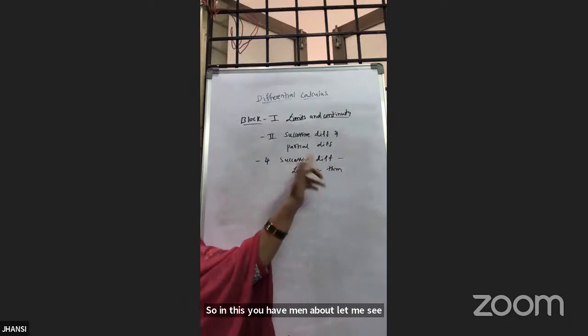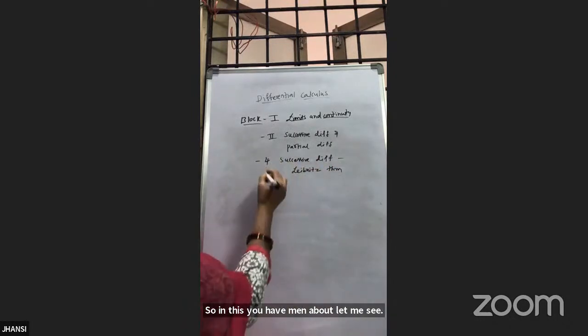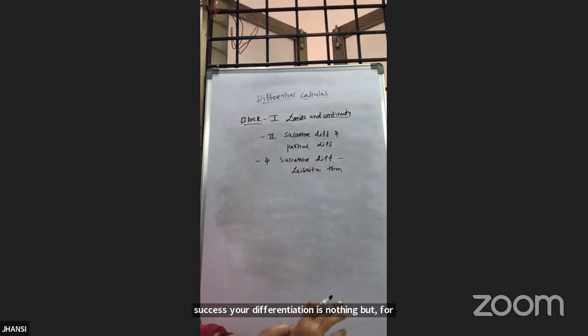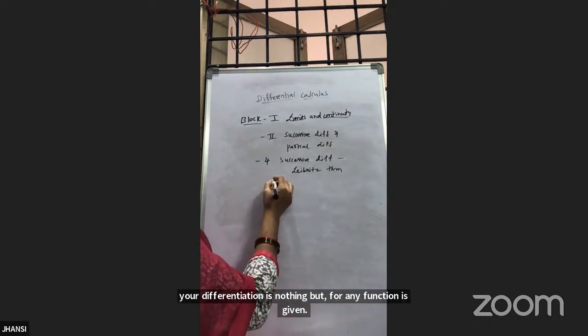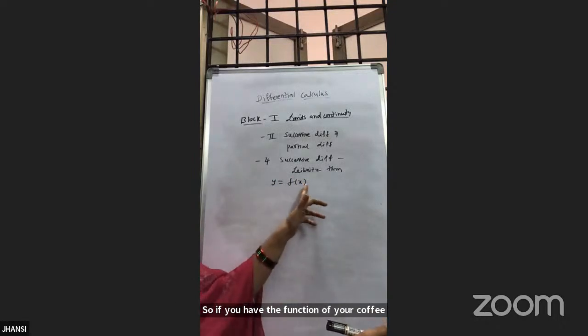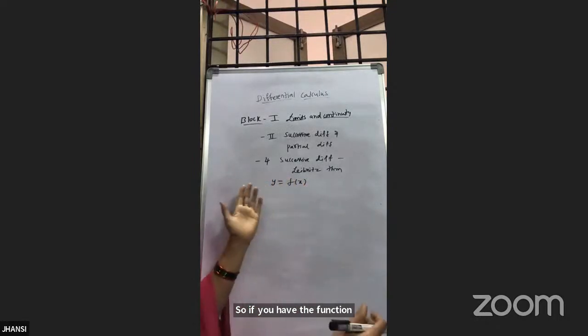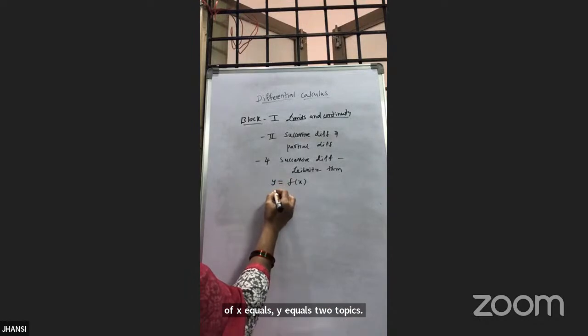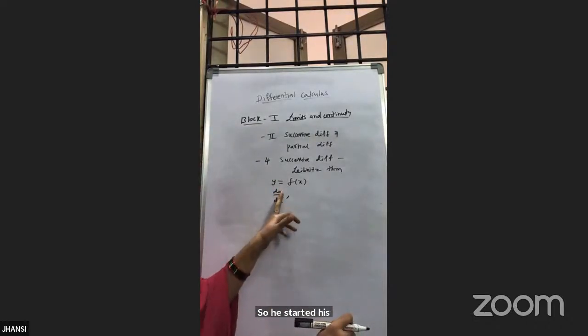Successive differentiation is nothing but this: any function is given, so we write y equals f of x. You know the first order of this is dy by dx.